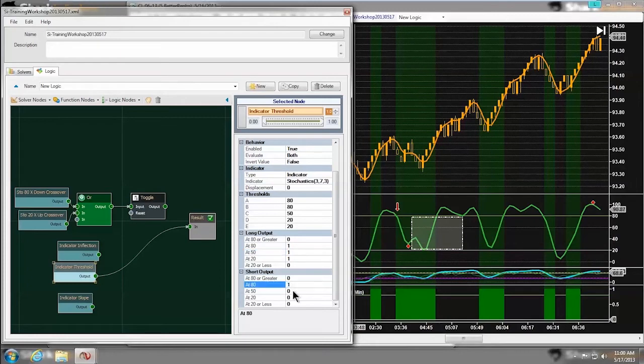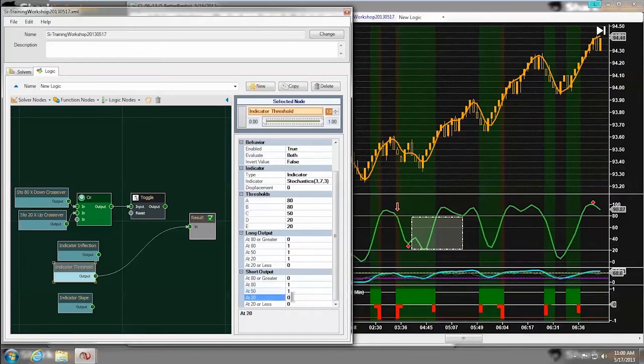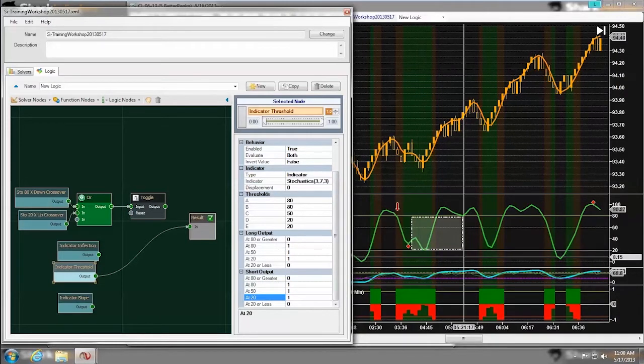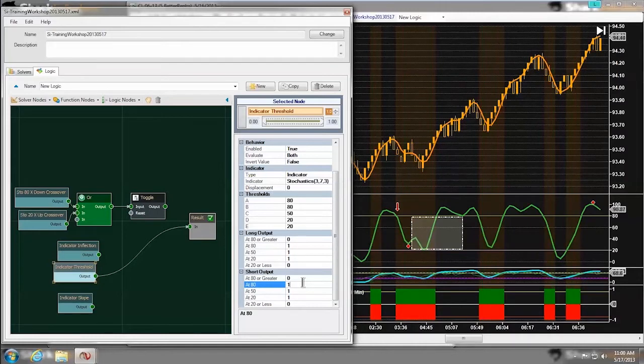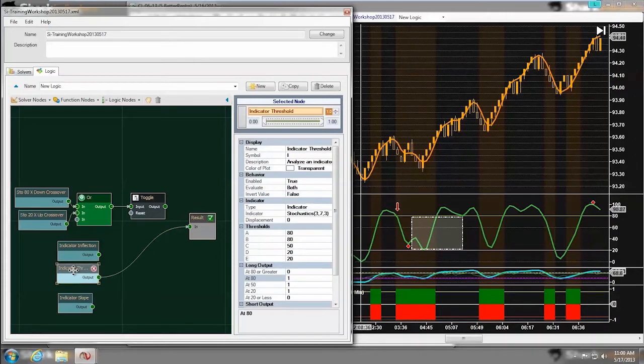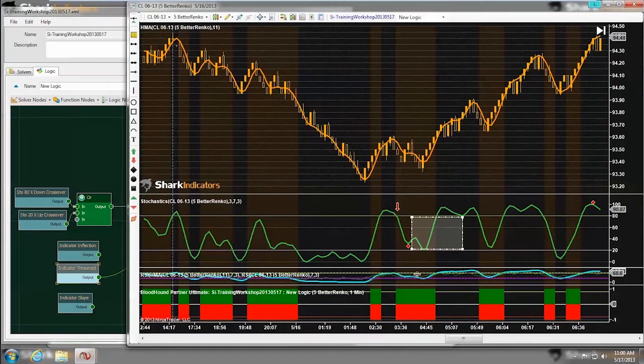So I need both a long and a short there, like so. So now what this solver is doing is isolating my other solvers to this no man's land. All right, so you can see we're getting a long and a short when the stochastic is in this no man's land here.